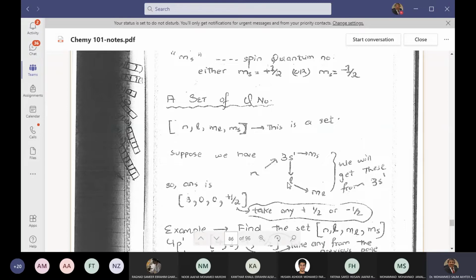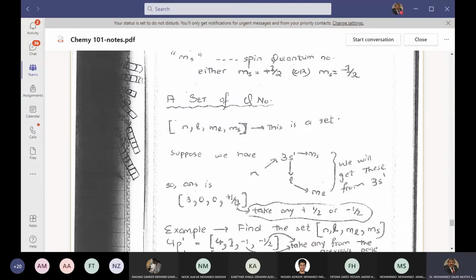If L is equal to 0, S. If L is equal to 1, P. If L is equal to 2, D. And if L is equal to 3, F. So from this notation S, I found 0, and because L is 0, ML is also 0 because only one box. The last column is plus half or minus half because I have only one electron.